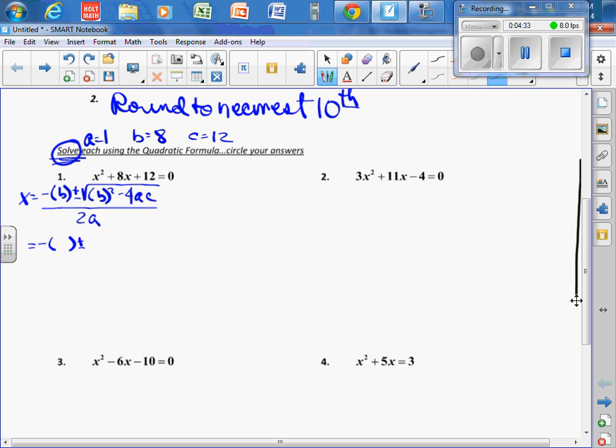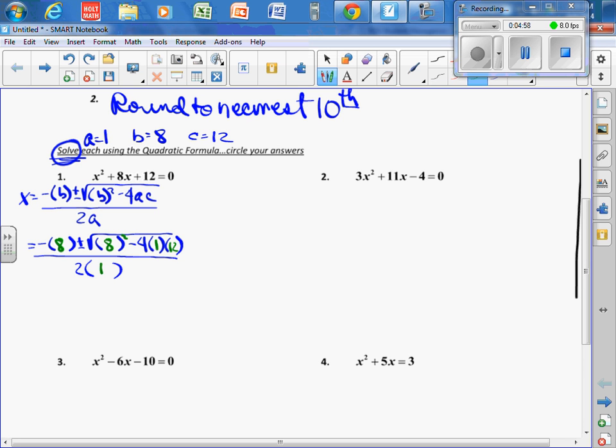Let's do this. All right, so B is equal to 8. So I'm going to put an 8 in this parentheses and an 8 in parentheses, and I'm going to square it. Minus 4 times A is equal to 1, C is equal to 12, and again, A is equal to 1 here.